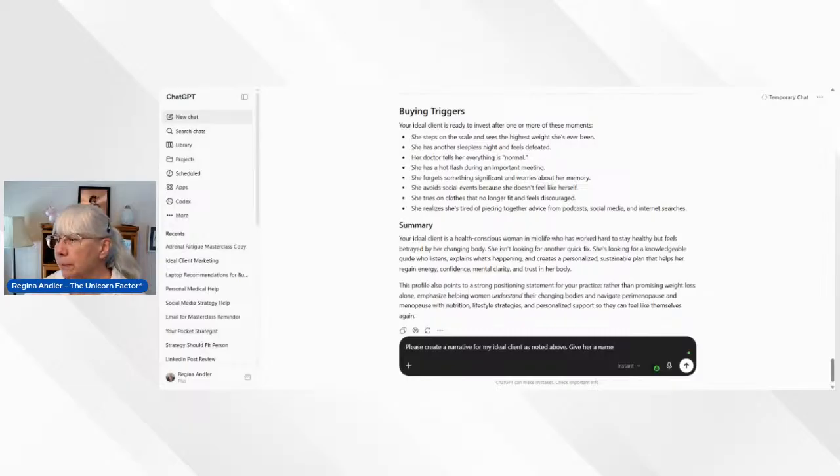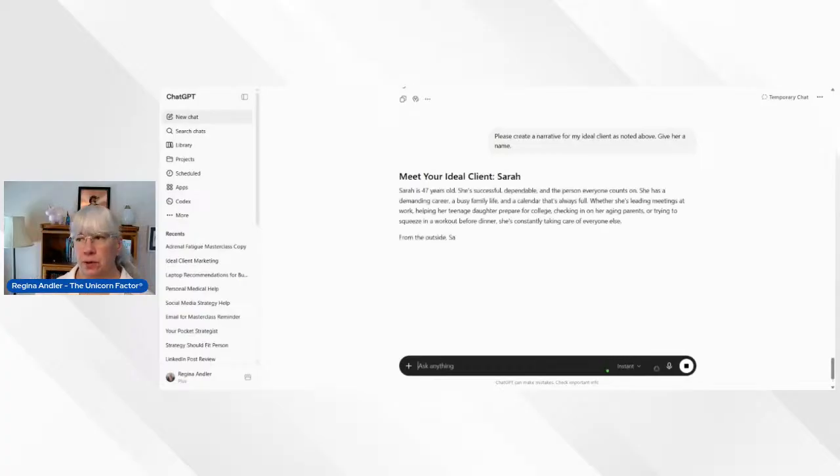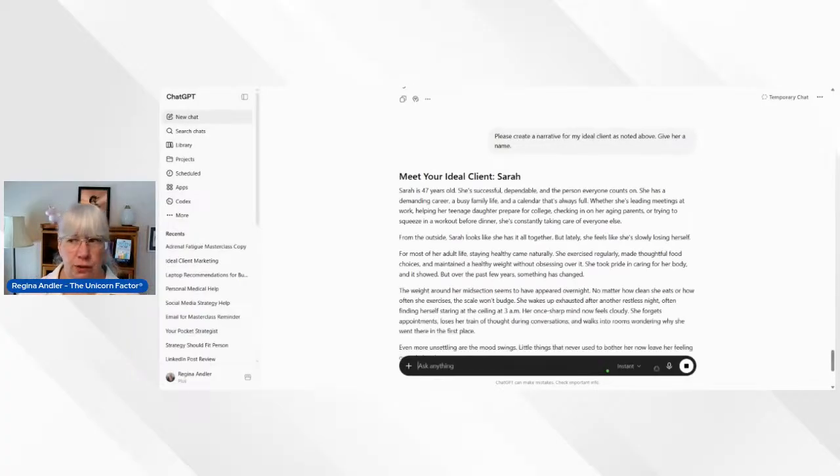Give her a name and we're going to write a narrative based on that person. This is the person that you're talking to. When you create your content, when you create your programs, when you create your offers, when you create everything that you do, this is the person that you're talking to. That is a clear ideal client, the ideal client avatar, right?